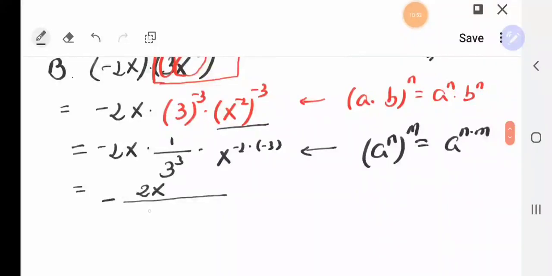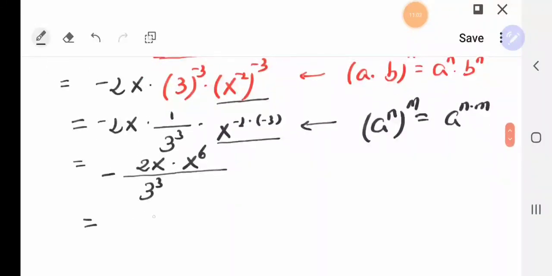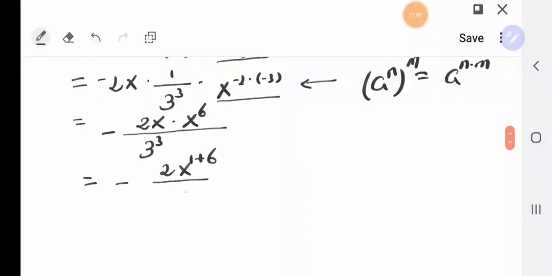The denominator is 3 cubed. And then we have the third factor, which is x to the positive 6th power. So this is equal to -2x to the 1 plus 6. And then the bottom is 3 cubed, which is 27. So finally, this is equal to -2x to the 7th power over 27.